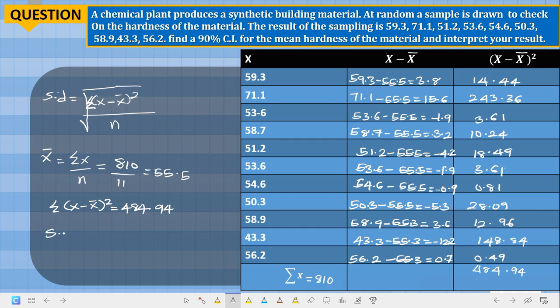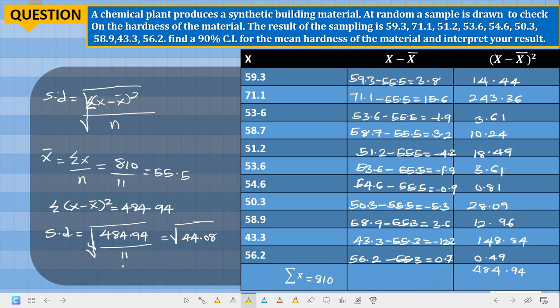Now the next thing we are going to do is to calculate the standard deviation. The standard deviation is equal to the square root of, now substitute everything into this equation. The summation gave us 484.94 divided by our n, which is 11. This gives us 44.08.